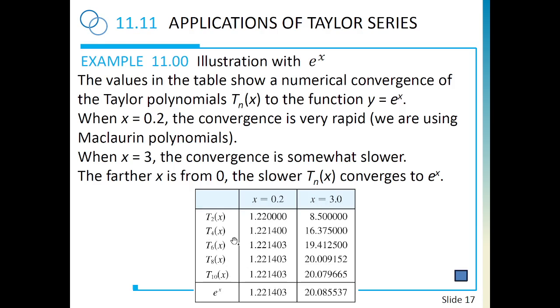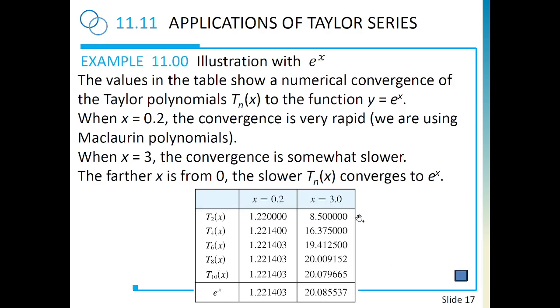Now, if we use the same Maclaurin expansion, so the polynomials obtained from the series centered at 0, but we want to know the approximation at x equals 3. So what is the value of e to the power 3? From the calculator we get this. Now let's compare the exact value with the approximations.